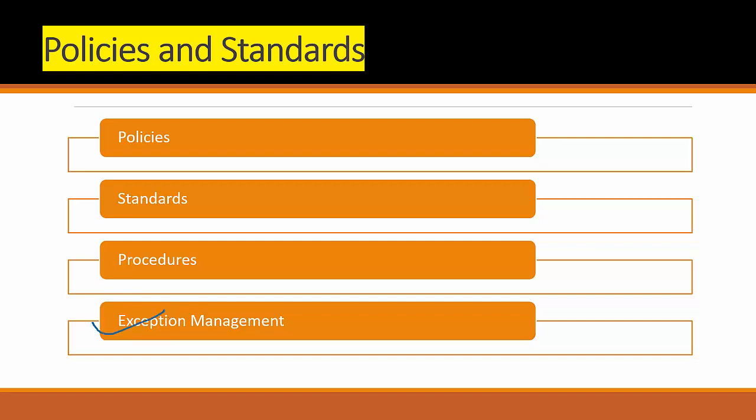Having a policy, standard, and procedure in place is essential, as part of operating a secure system. But there may be cases where an exception to the policy, standard, or procedure is necessary. So the risk practitioner should ensure that the exception management process is in place and being followed, and that exceptions are removed when they are no longer needed. These are the key activities we need to understand.